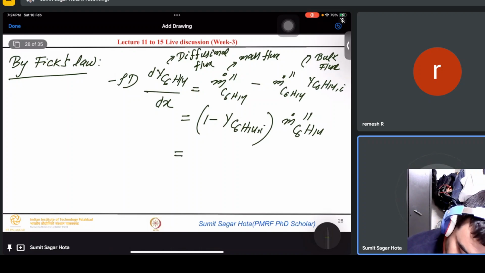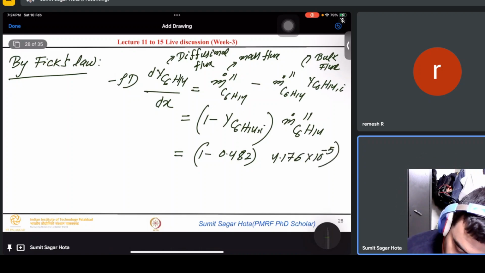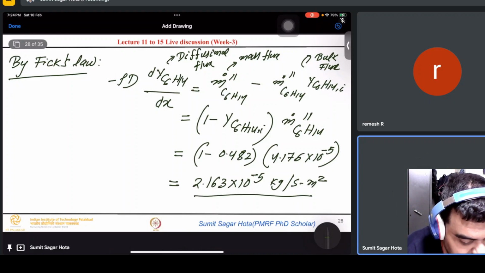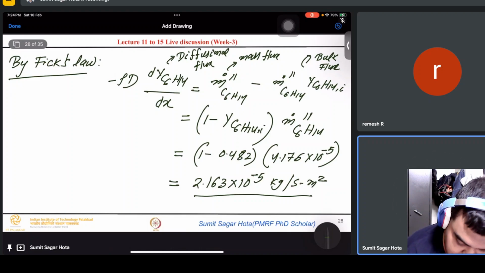Just substitute the values: 1 minus 0.482 times 4.176 into 10 to the power minus 5, which is 2.163 into 10 to the power minus 5 kg per second per meter square. Go to our next question.